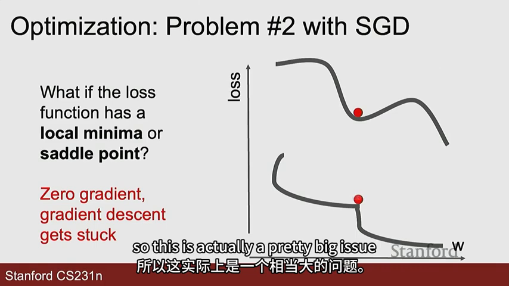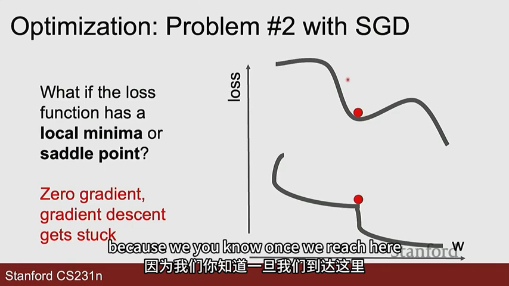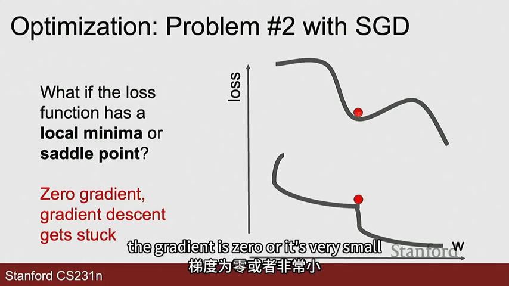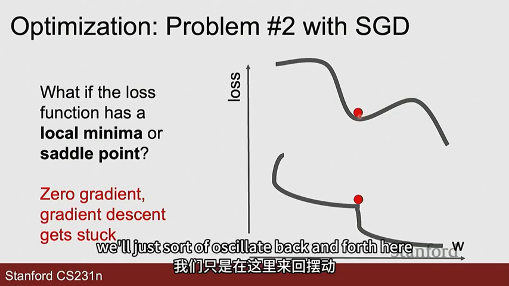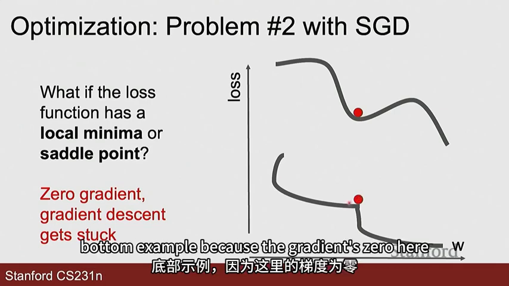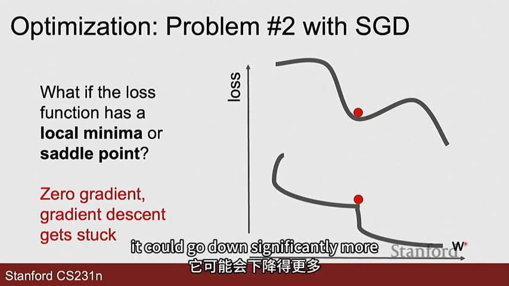So this is actually a pretty big issue where it'll get stuck either in a local minimum, because once we reach here, we don't really have any direction to go. The gradient is 0, or it's very small, and we'll just sort of oscillate back and forth here. And then here it could actually get stuck on this bottom example because the gradient's 0 here, even though if it went a little bit further, it could go down significantly more.